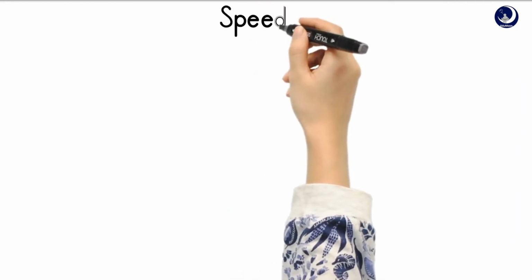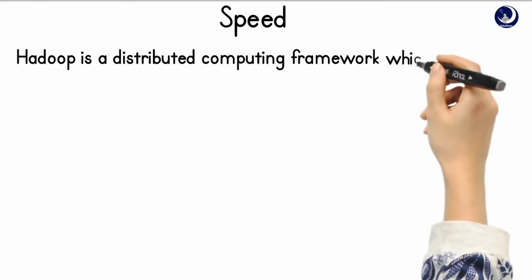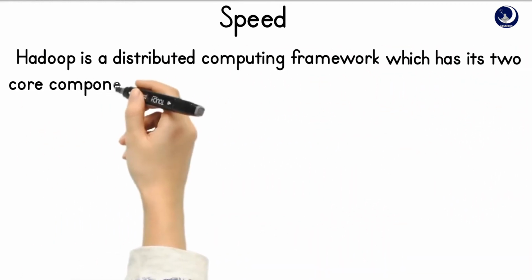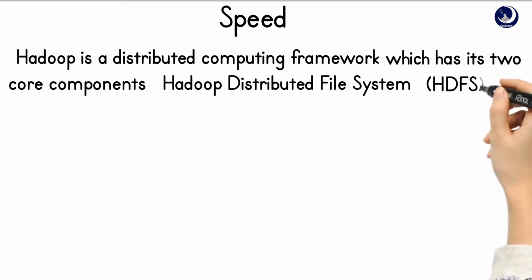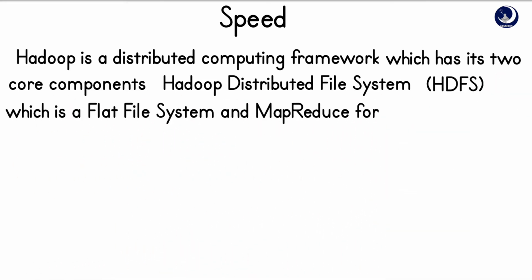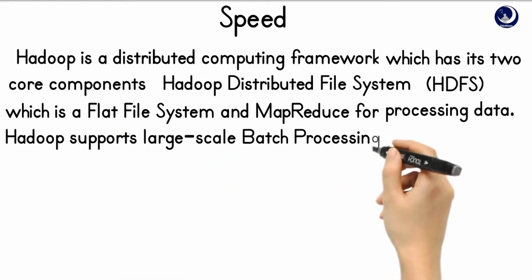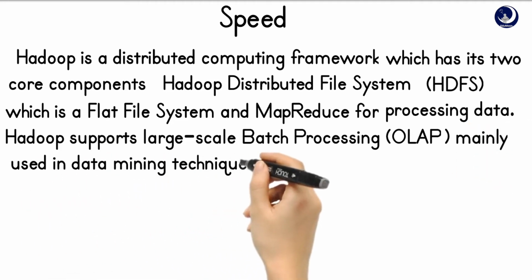The other important aspect in the differences is speed. Hadoop is a distributed computing framework which is mainly composed of two components: HDFS, standing for Hadoop Distributed File System, which is used for storing the files, and MapReduce, which is for processing the stored data. Hence, Hadoop supports large-scale batch processing, which is OLAP, mainly used in data mining techniques.